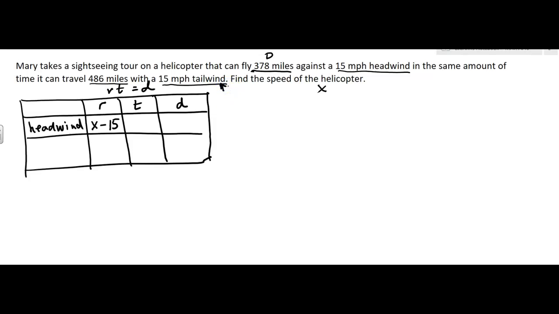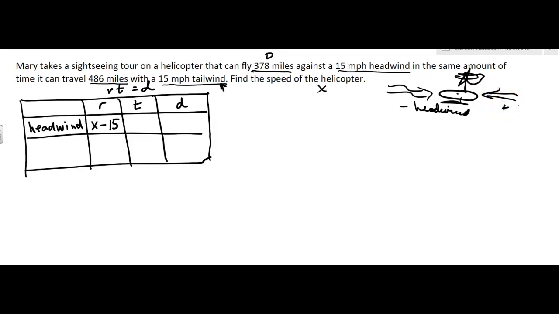Okay, where's the helicopter? Here's a helicopter. Use your imagination. Anyway, when it's a wind that's blowing at you, that's going to slow you down. So subtract the headwind. But if it's a tailwind, it's blowing this way, it's helping you, it's pushing you.